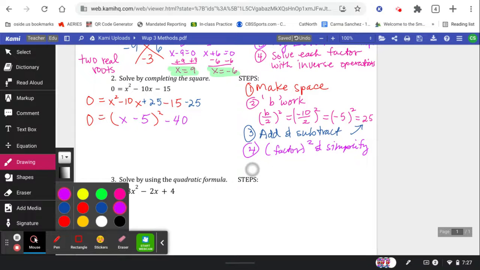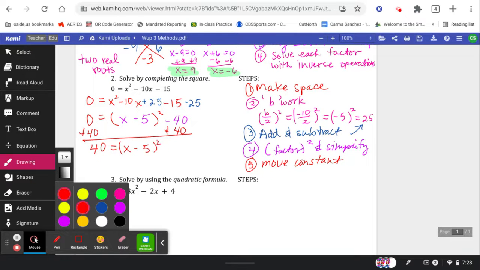Okay, so now we're going to move the constant over by adding 40. We then are going to square root both sides.